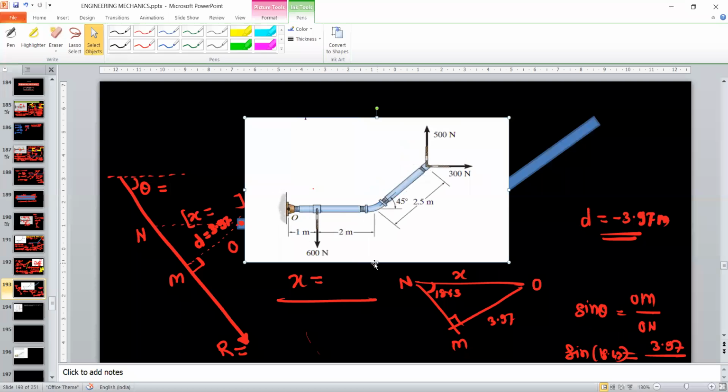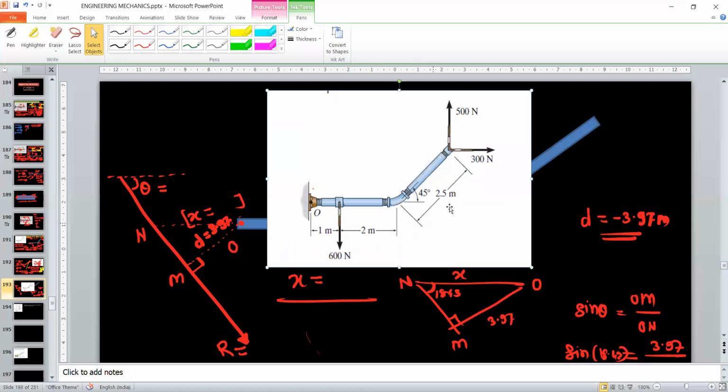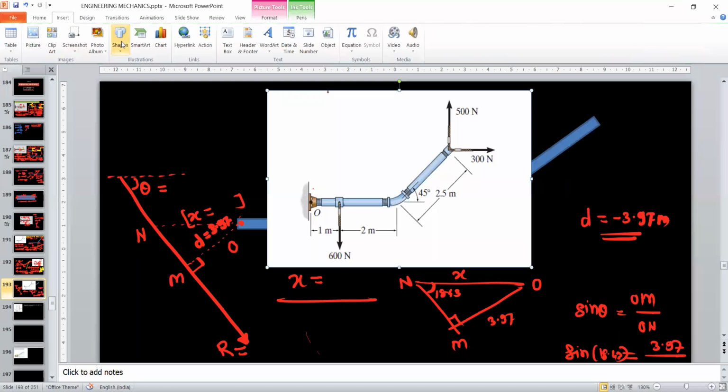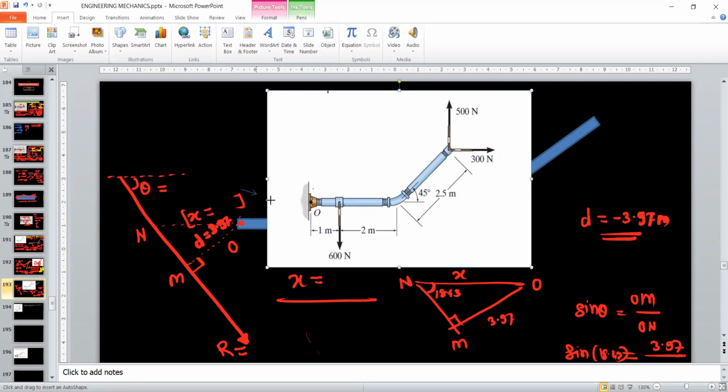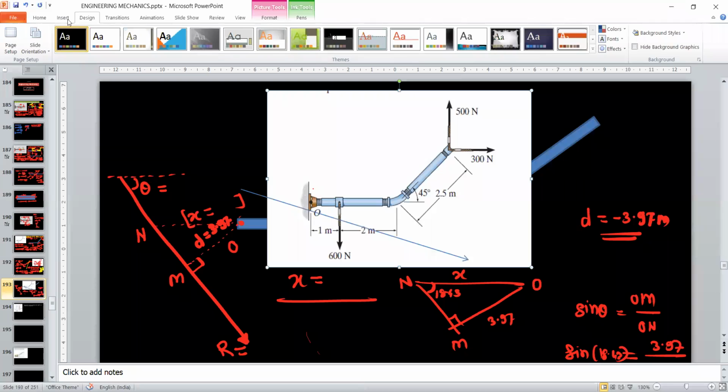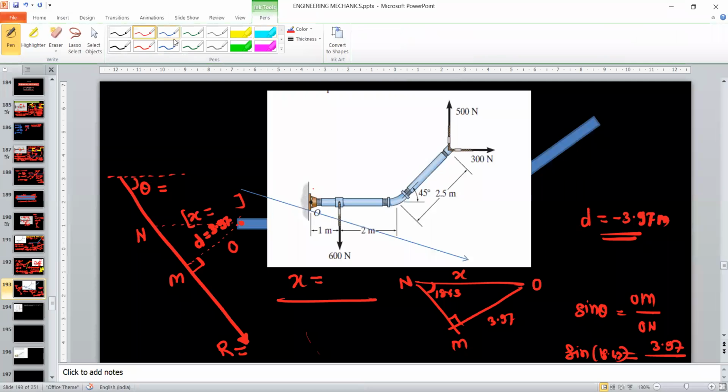So whenever you replace this original system by the resultant system, then you should place the resultant like this. Okay. So this angle is very small with respect to the x-axis. So this is 18.43. This is your resultant. Okay.